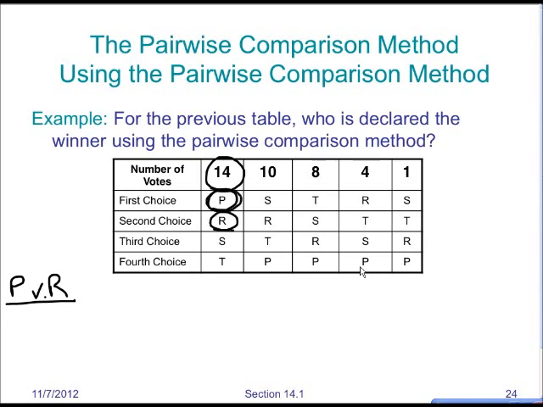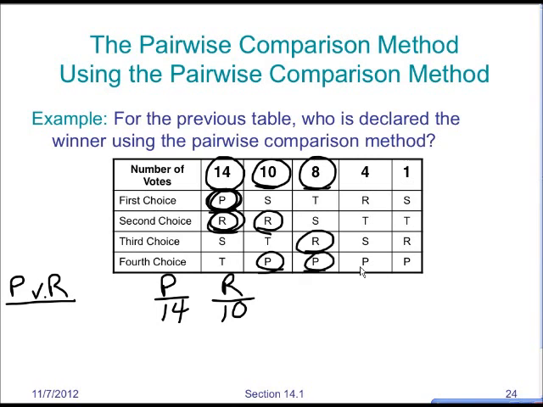Notice he's higher up in the table. 10 people like Rita better than Paul. 8 people like Rita better than Paul. 4 people like Rita better than Paul.